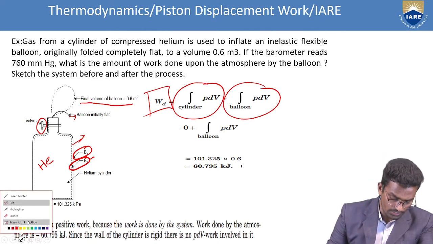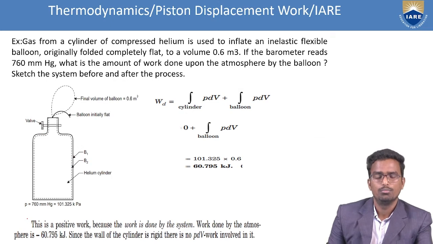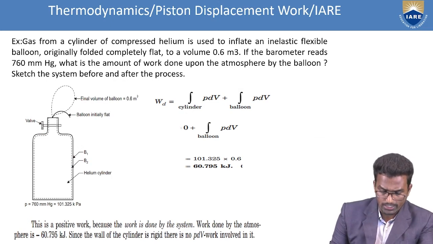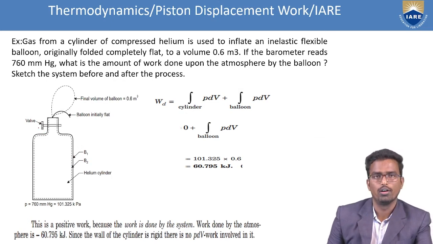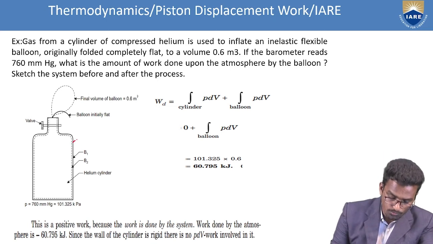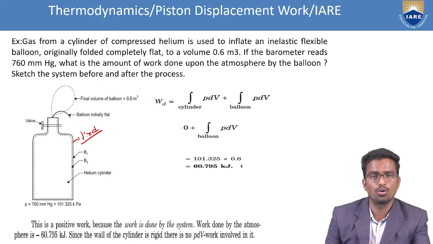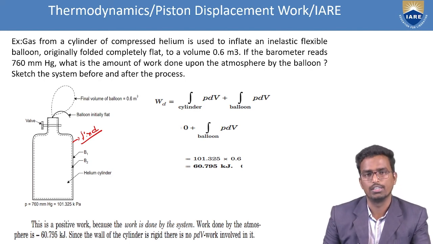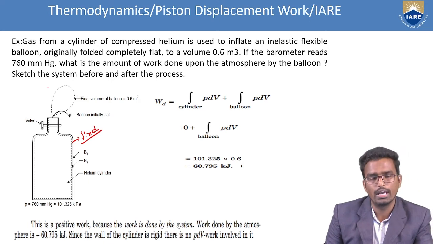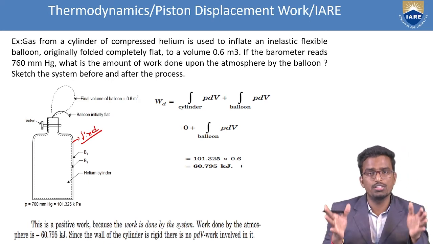At this initial condition, I open the valve. We assume this is a fixed cylinder, that means it is a solid cylinder. There is no change of volume for the cylinder. Even though you are drawing air from the cylinder, assume there is no volume change. The cylinder is rigid.